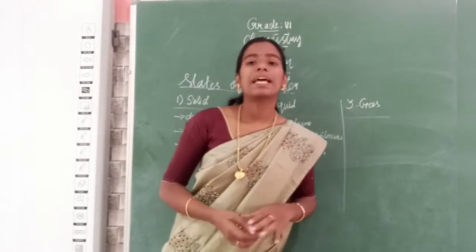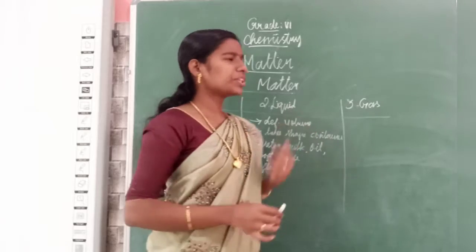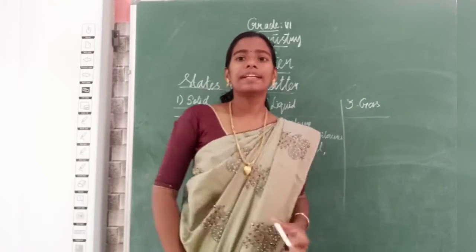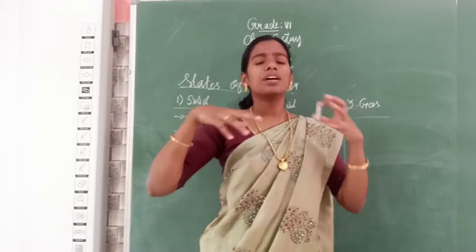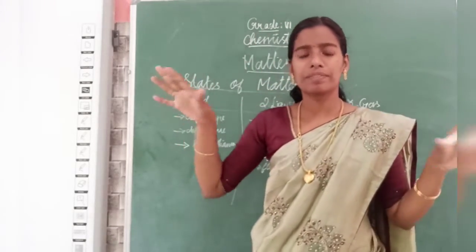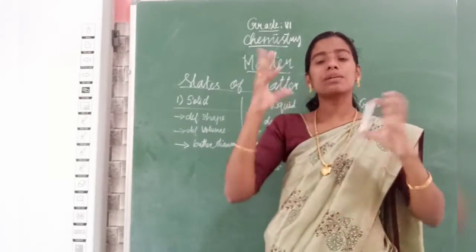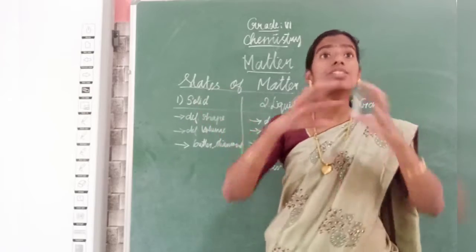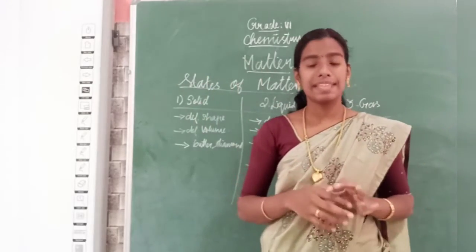Then come to gas. This also has no definite shape. When you see the gas, it will be spread all over. When you have a balloon, the balloon is fully spread out. And this room is also filled with air.